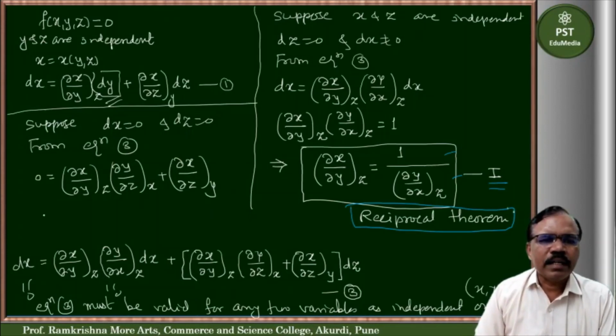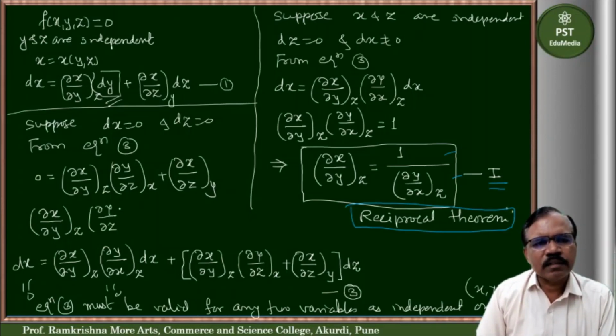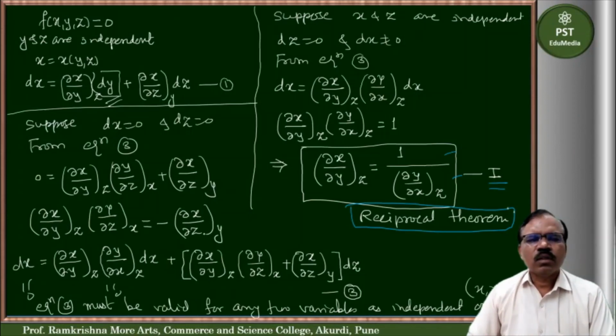So we can write ∂x/∂y at constant z into ∂y/∂z at constant x is equal to minus ∂x/∂z at constant y.